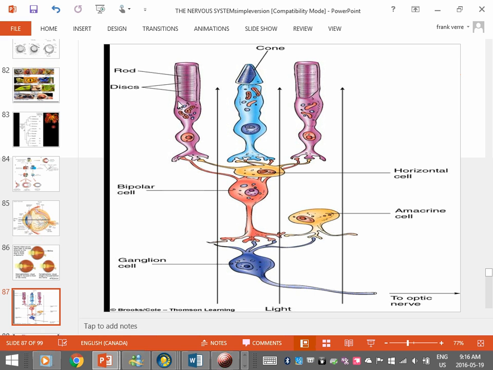Okay? Now if I was to ask you a question, what do you think the trigger is for a rod cell which detects light? What do you think it would be? What's the trigger for a rod cell which allows you to see light?